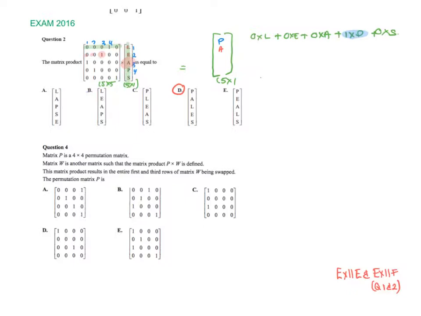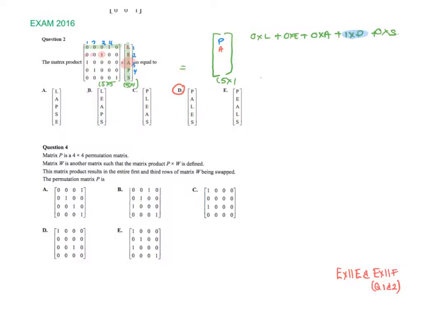All right. So question 4, matrix P is a 4 by 4 permutation matrix. Matrix W is another matrix such that the matrix product P and W is defined. The matrix product results in the entire first and third rows of the matrix W being swapped.